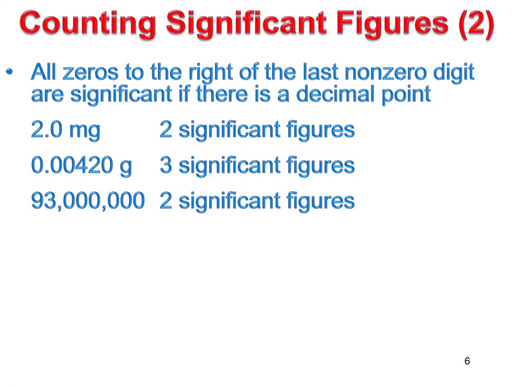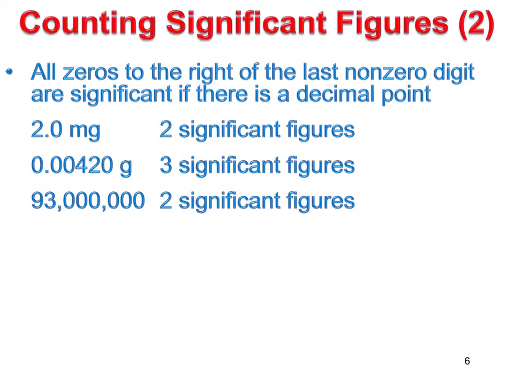Only the zero at the end, after the 2. In the third example, we only see 2 significant figures. 93 million, the zeros are to the right, however there is no decimal to designate significance of those zeros.